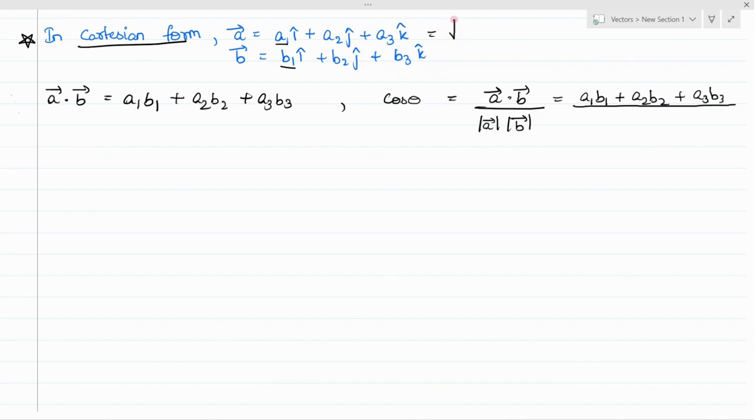That is the square root of its coefficients squared, that is a1 square plus a2 square plus a3 square, and for b vector, similarly, it's the square root of b1 square plus b2 square plus b3 square. The same thing we'll write over here, and you'll get the cos theta value.